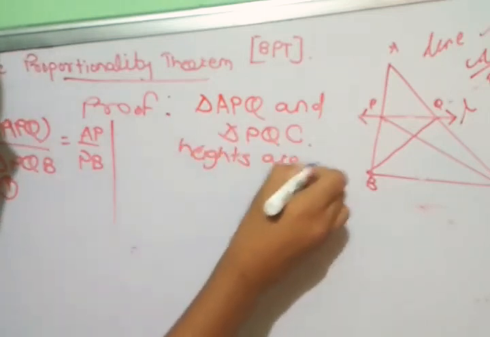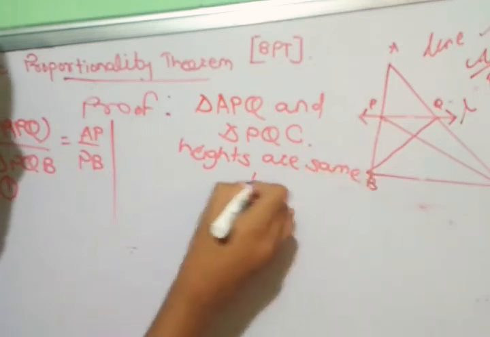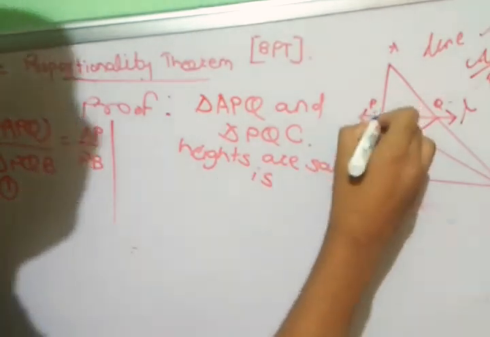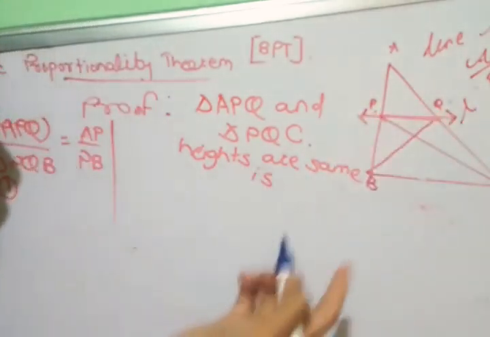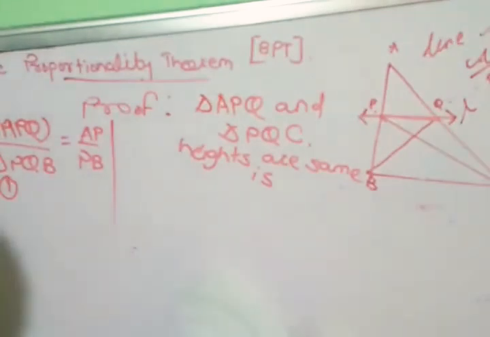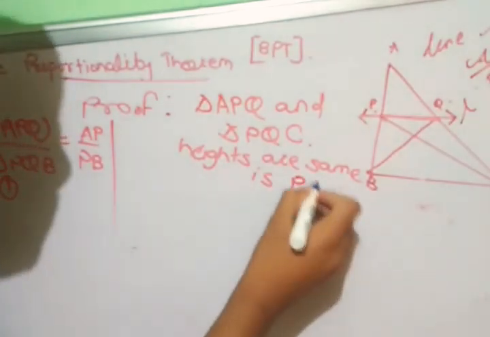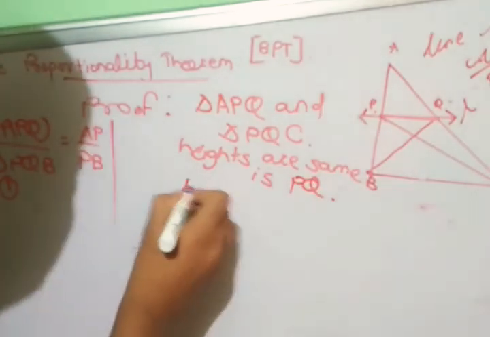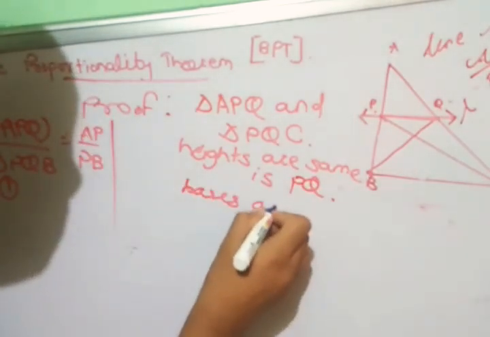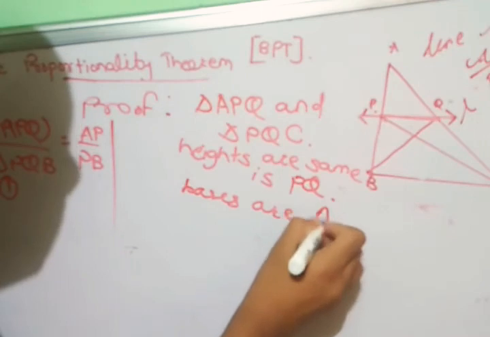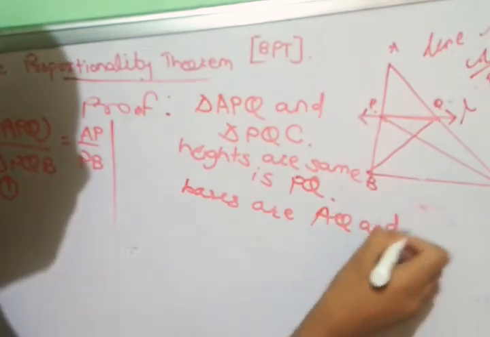The heights are the same. What is the height? PQ. In APQ and PQB also, PQ was the equal height. So in this also PQ is the equal height, and the bases are AQ and QC.